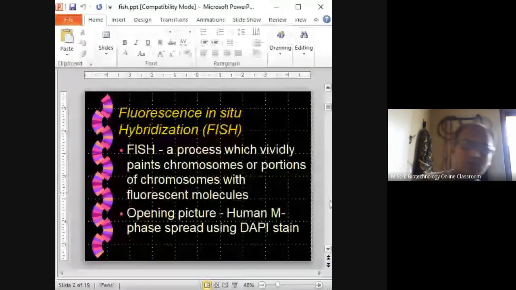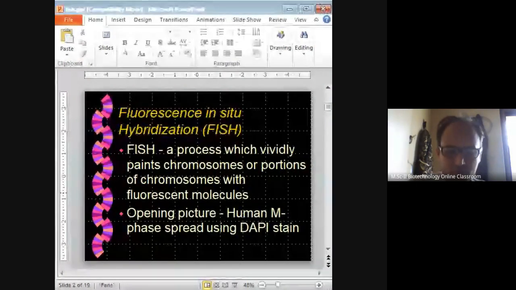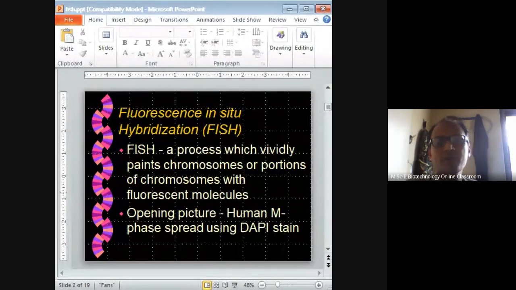Okay, so the next word is hybridization. All of us know it as the formation of a hybrid. So fluorescence in situ hybridization is an experiment done in situ to hybridize with the DNA. It is most widely used to stain the chromosomes, or portions of chromosomes, with the help of fluorescent molecules.